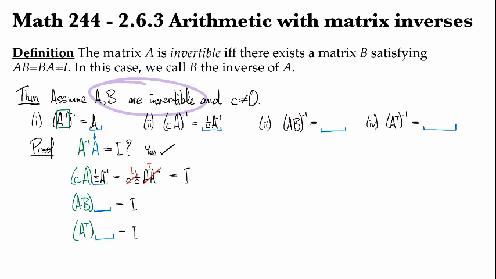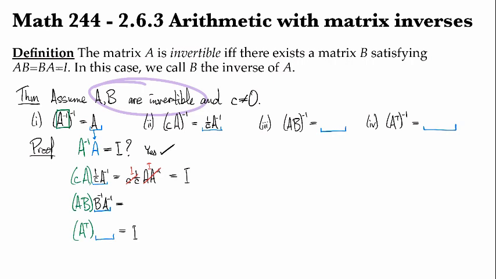Okay, if you haven't already made your guesses for parts 3 and 4, go ahead and do that now and pause the video. Okay, so for this one, the answer is B inverse A inverse. Just like with the transpose, when you apply the inverse to a product, it actually reverses the order. So let's see why this works.